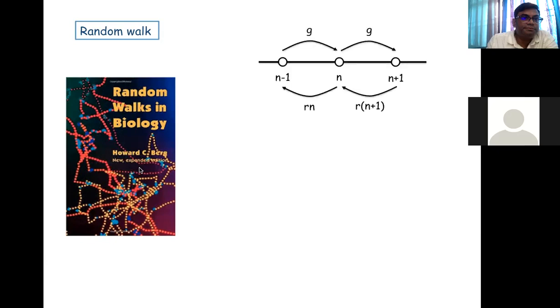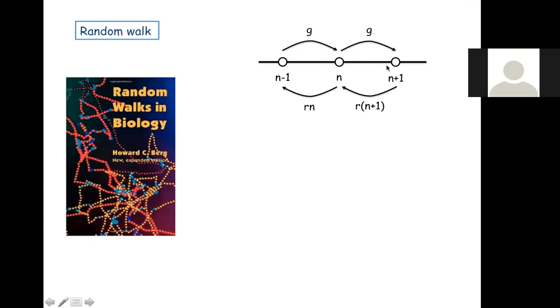And so he worked on bacterial motion. Given all the information in that book, I'm just using a very simple model of random walk in a one-dimensional lattice where we have the n state, n+1 state, and n-1 state.